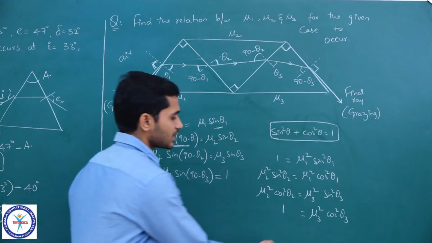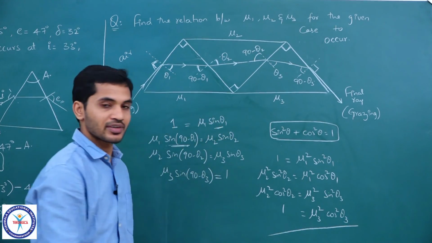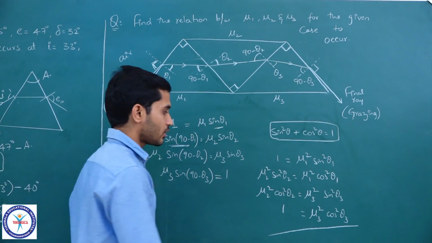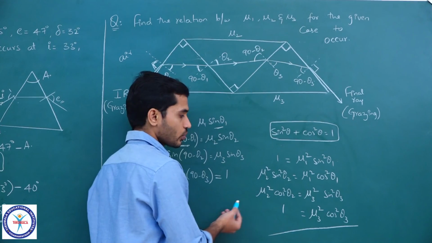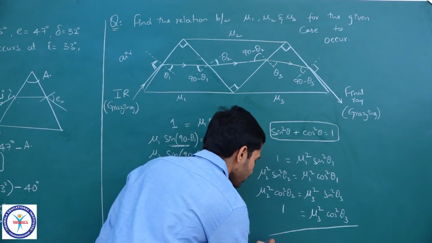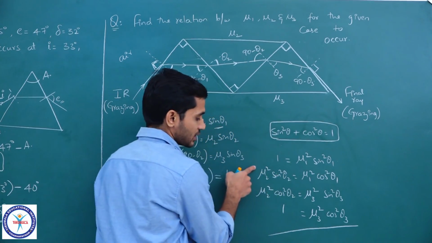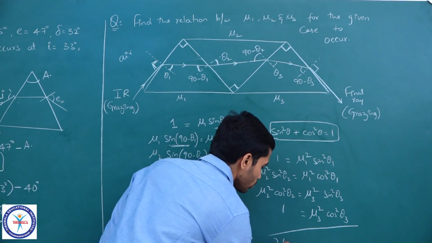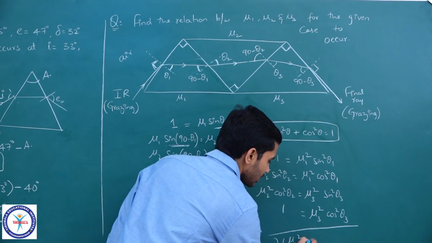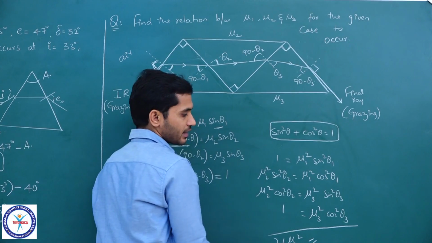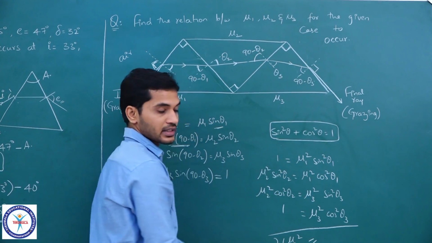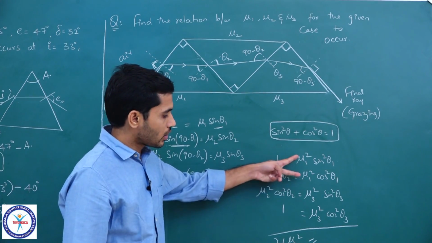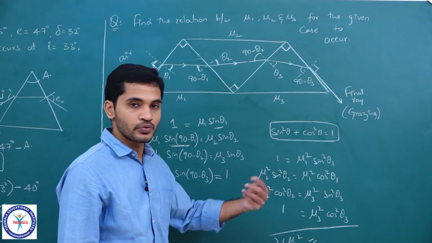Now you can easily say that when I add the terms, theta 1, theta 2, theta 3 will get cancelled out. On the left hand side we have 1 plus 1 plus mu 2 square, which is 2 plus mu 2 square, is equal to, on this side, these two terms when added give you mu 1 square, and these two terms when added give you mu 3 square.